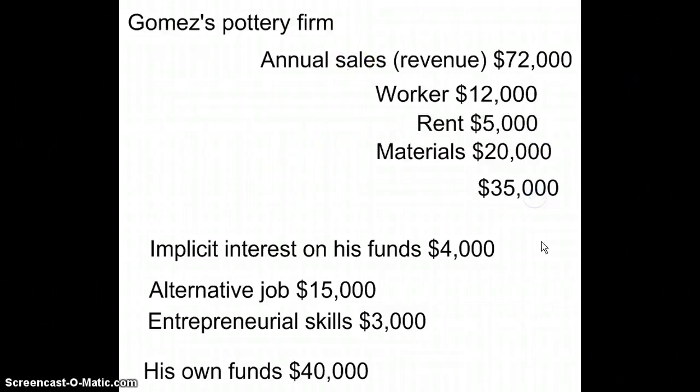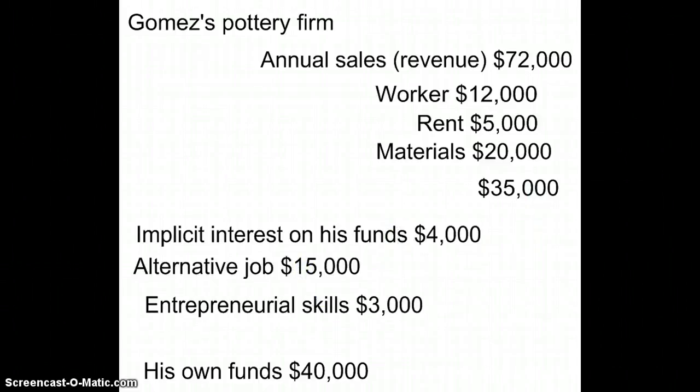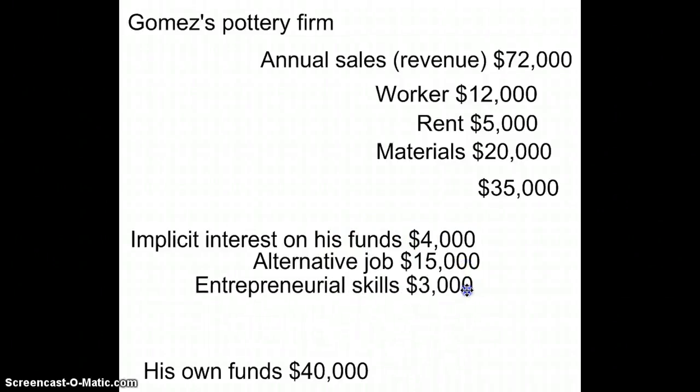Okay, what is the value of his normal profit? The value of his normal profit comes if we add together his implicit and explicit costs. So now we're going to need to consider all of the explicit costs, which were a total of $37,000, and we need to consider his implicit costs, which are $4,000, $15,000, and $3,000.